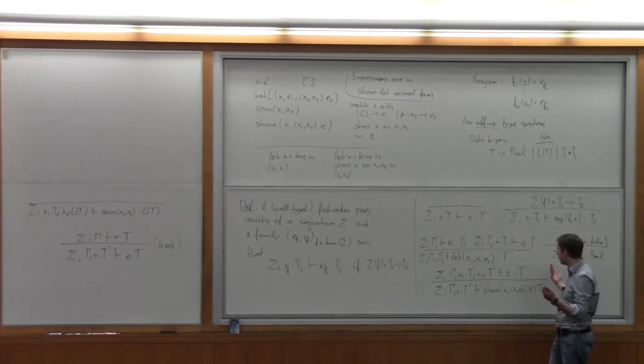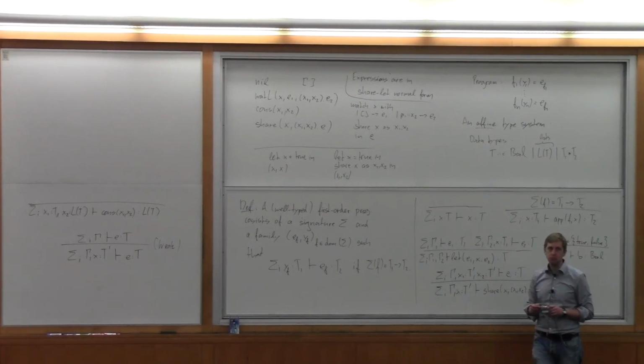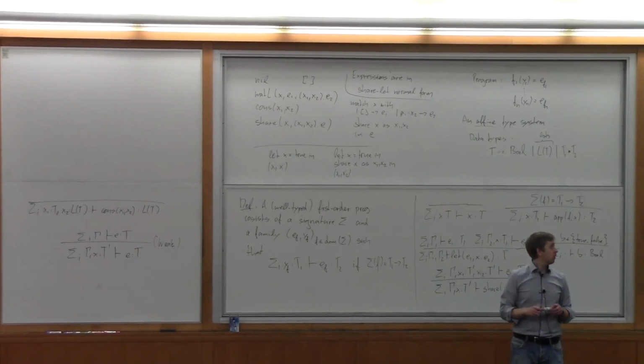Basically you had a program that would use x twice inside the E, so what you do is you rename it into x1 and x2, and then put the shared variable. So that's how you use it. Okay, good.